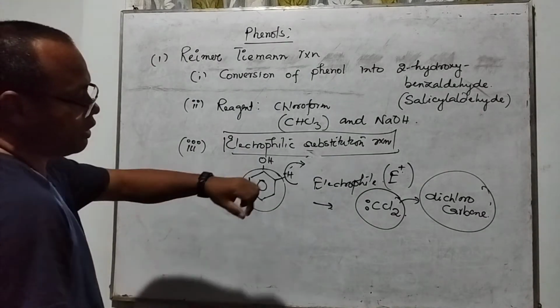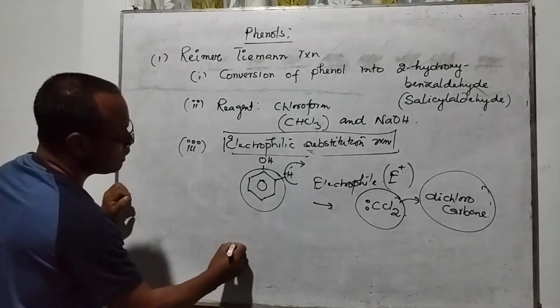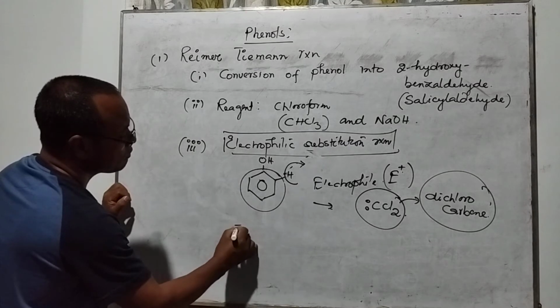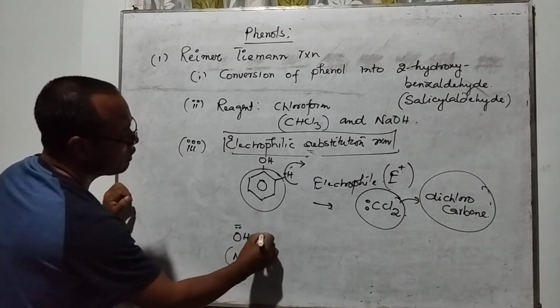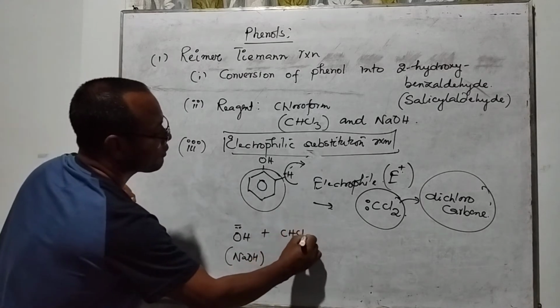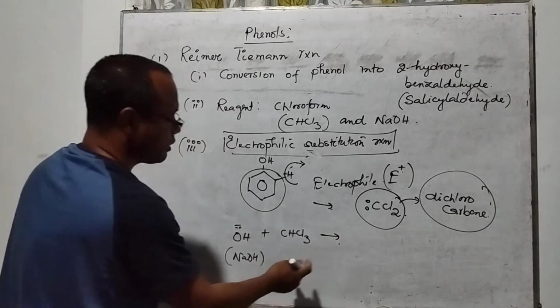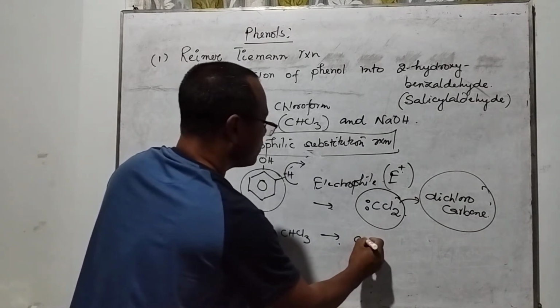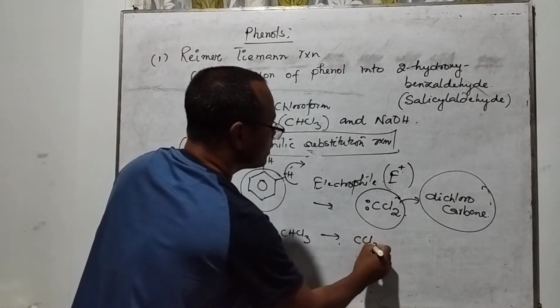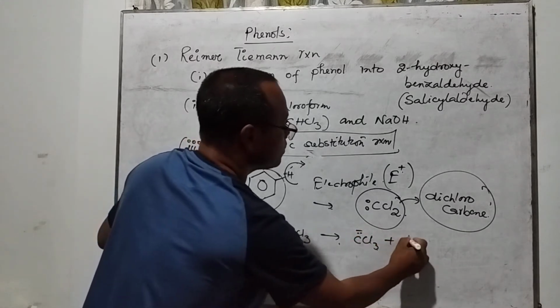Now how is this electrophile generated? I just write here: this is the OH minus from sodium hydroxide plus chloroform. It forms CCl3 minus, plus water.